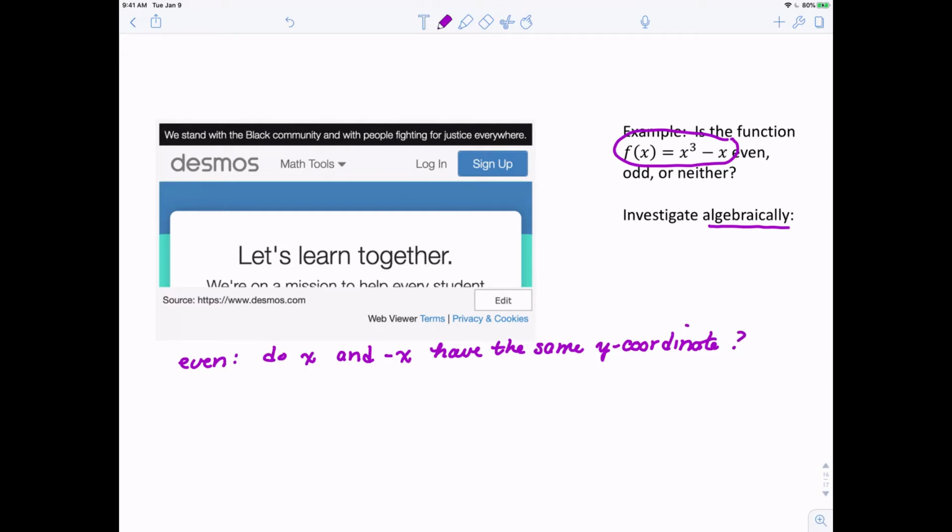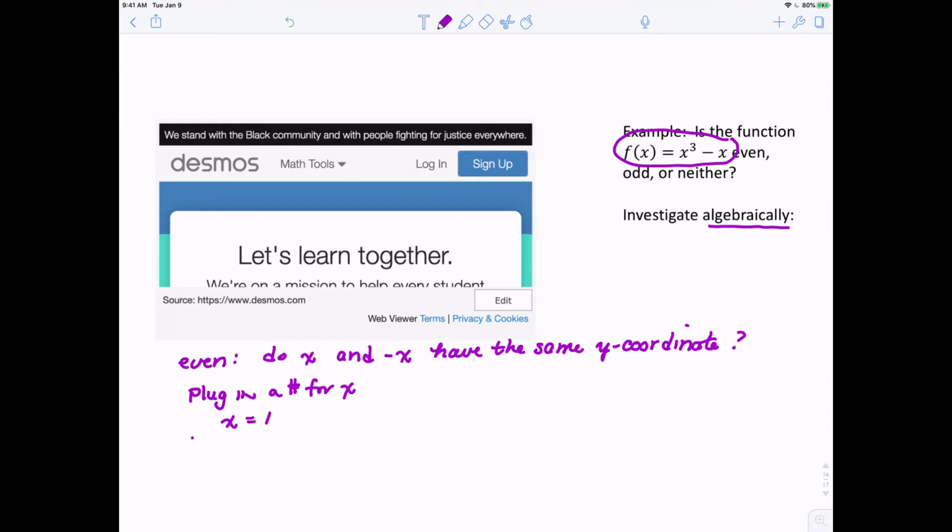Now, you have a choice. You could plug in a number for x. For many people, that's the easiest way to investigate it. So, for example, pick any value you'd like for x. I'm just going to use 1. I'm going to let x equals 1.